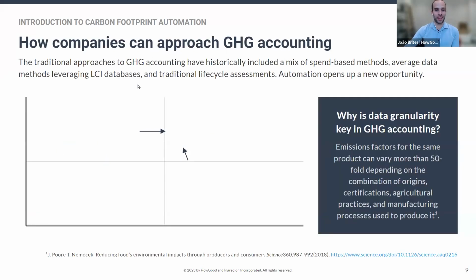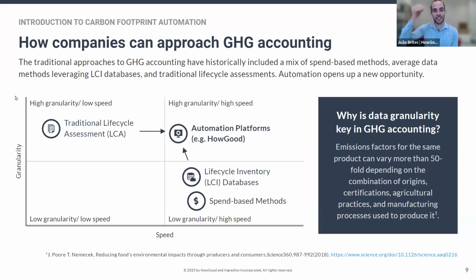So the question is, how are companies approaching GHG accounting? What we've seen is that traditional approaches to GHG accounting have historically included a mix of methods. In these metrics, we're analyzing methods based on granularity, whether there is low or high granularity in the emissions accounting, and the speed of the assessment, how quickly you get a result.